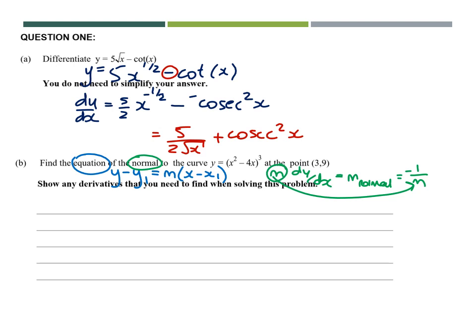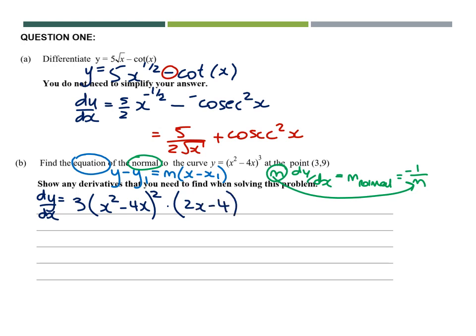We've got y equals of that. I need to differentiate that. So dy over dx equals, that's going to become 3 lots of x squared minus 4x to the power of 2 times by the derivative inside the bracket, which has become 2x minus 4.